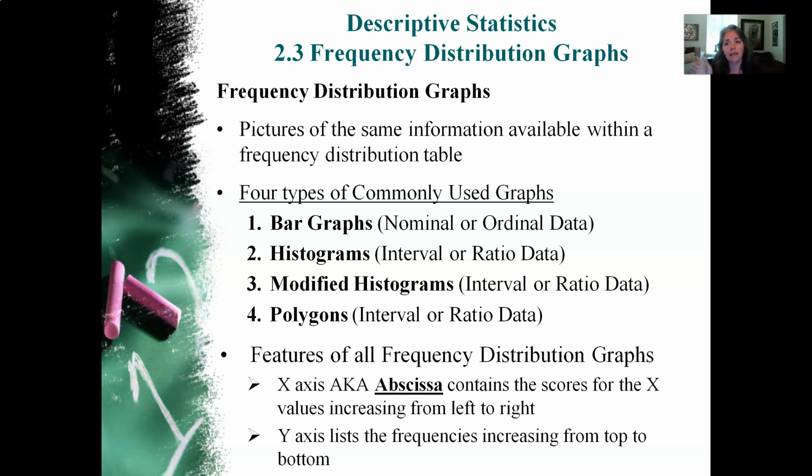Remember, nominal data is different just in name only. There is no quantitative difference or value difference in each of the scores. They're just different, okay? Men and women, chocolate versus vanilla, they're just different. Ordinal is they're different, but they're also ranked. First, second, third place. They don't have equal distances between the ranks. So when we have nominal or ordinal data, we are going to use bar graphs.